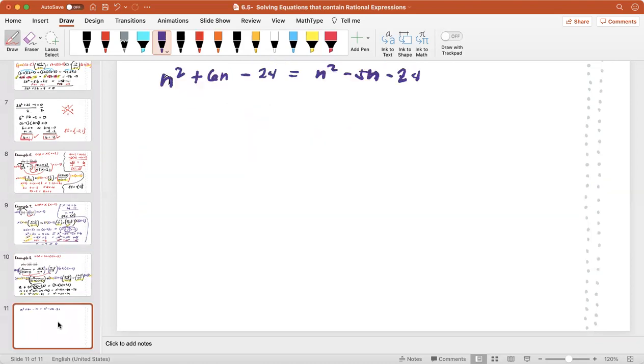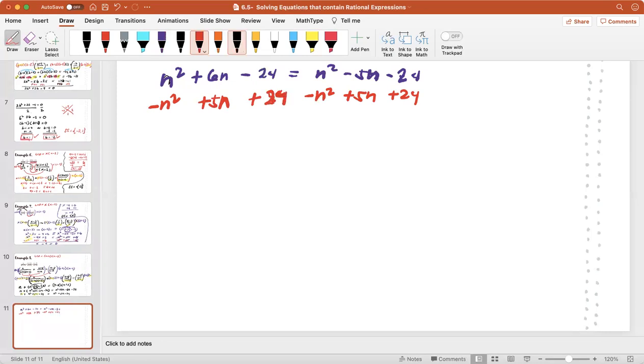All right. Let's get everything to the left. We have minus n squared. Make the right side 0. This is plus 5n. This is plus 24. Do the same on the left. We have negative n squared, 5n, plus 24.